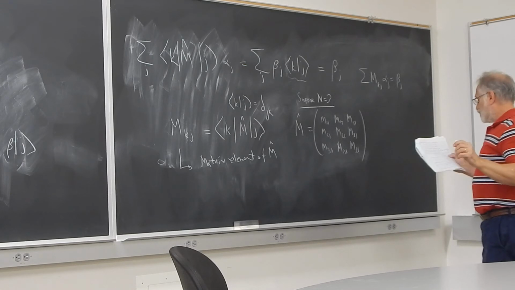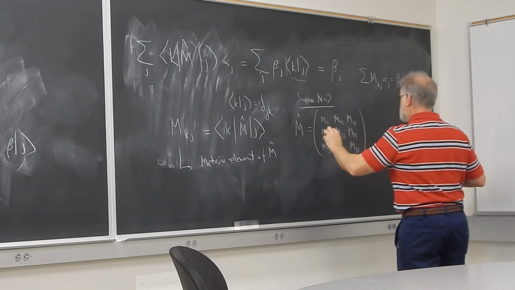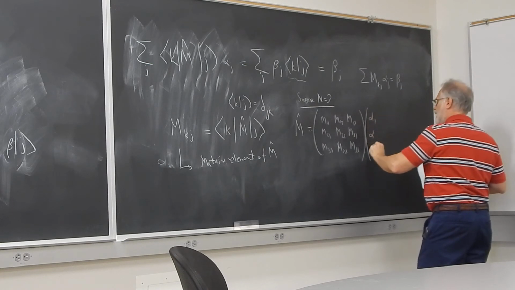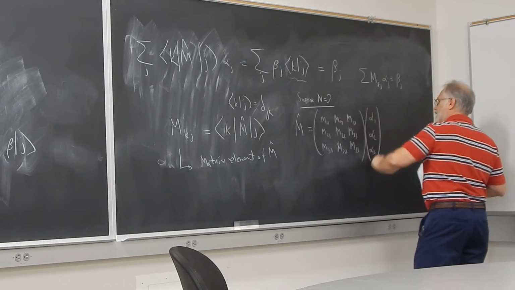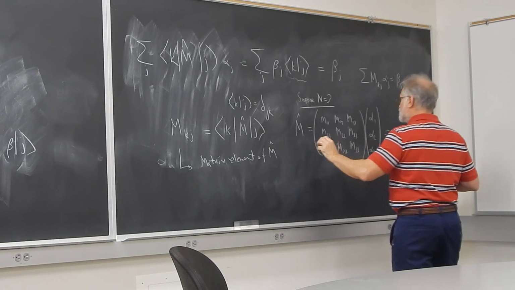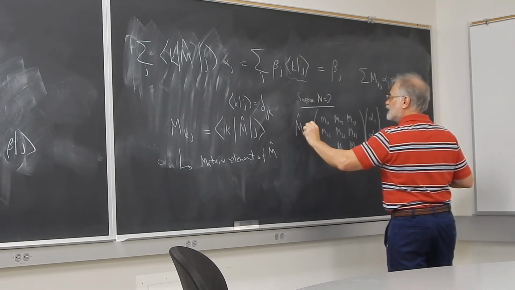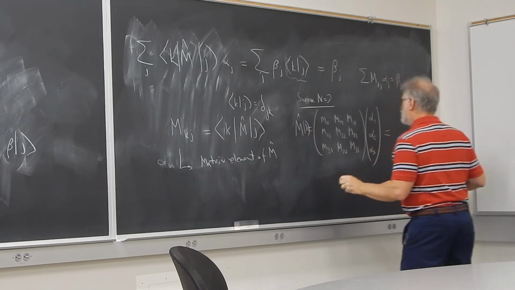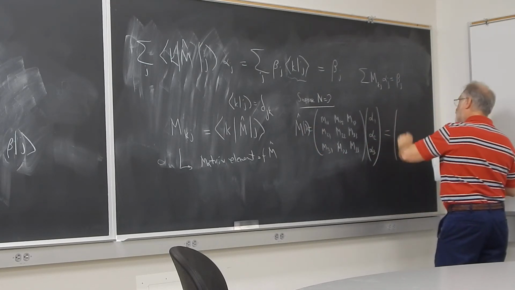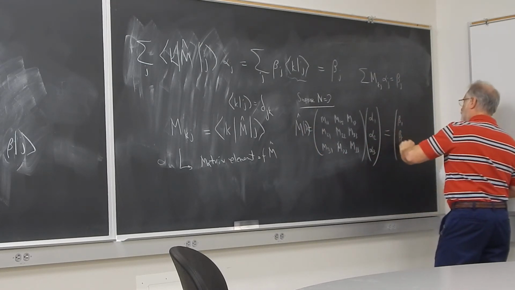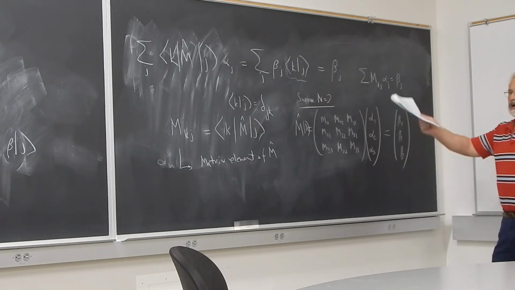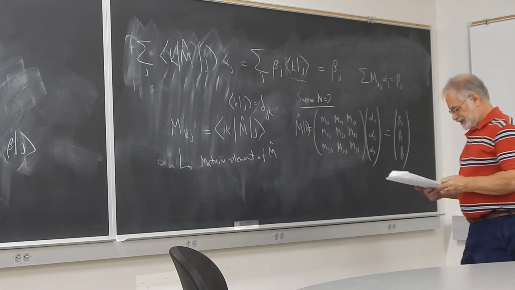And it's just as equivalent to write it as this: M times the column alpha 1, alpha 2, alpha 3 equals beta 1, beta 2, beta 3. So this is a matrix representation of this operator notation.